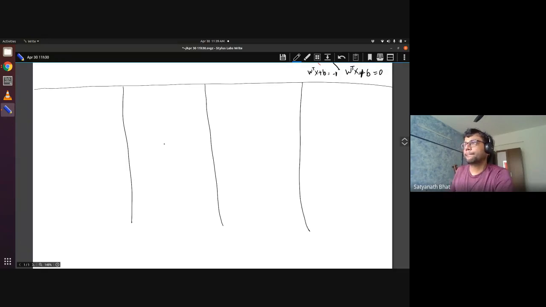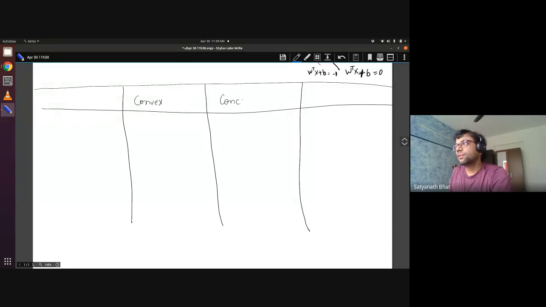We will look at convex, then concave, then neither convex nor concave, or in general, these are all general functions.